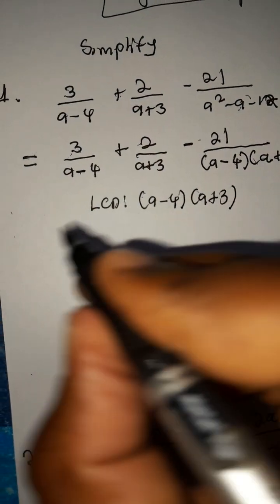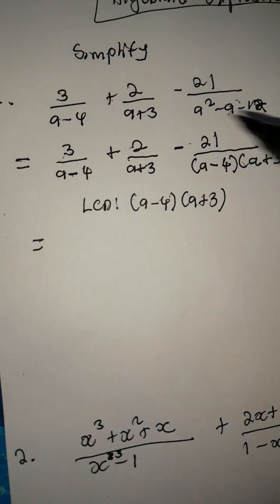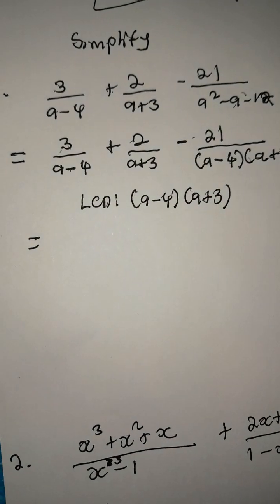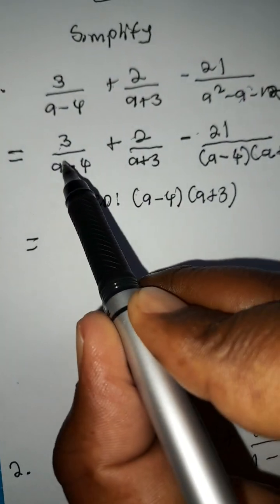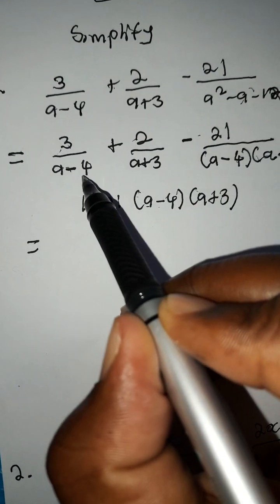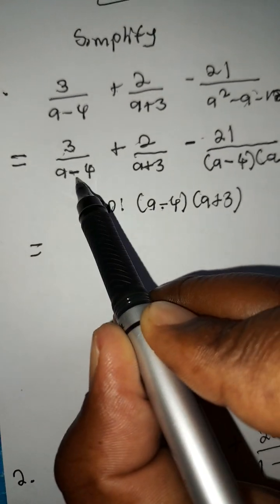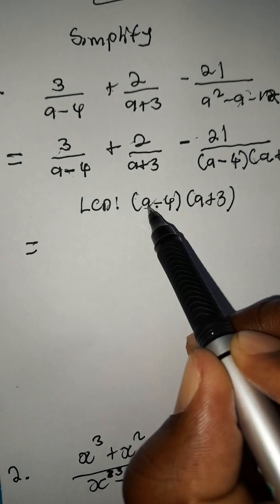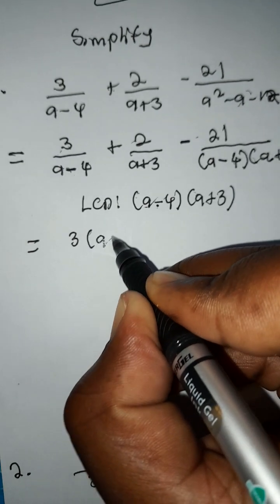The best way to simplify this type of fraction is to multiply each fraction by the LCD. If we first multiply the first fraction, we have a common bracket, meaning the a minus 4 factors cancel.